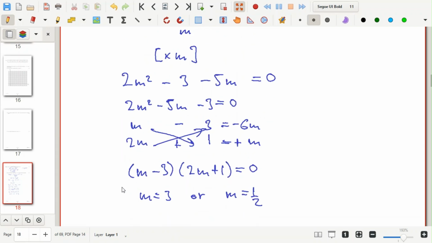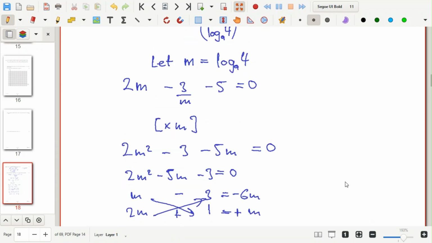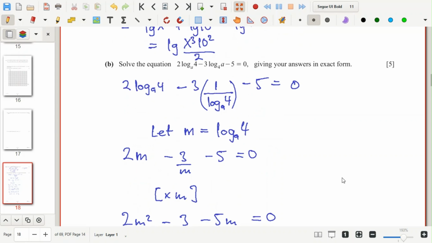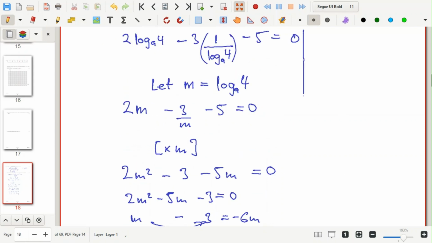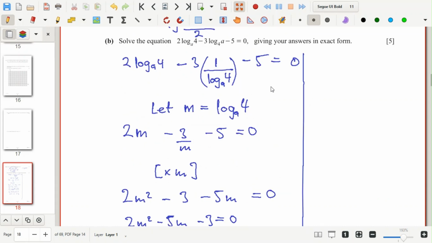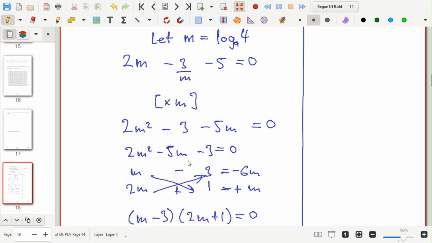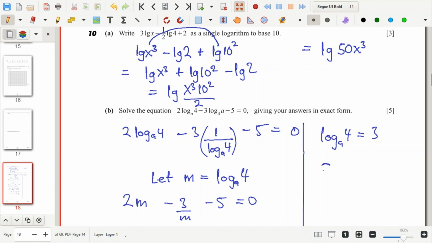But we are not done. We are not done here. Don't forget, you said here that log 4 to the base a is equal to m. Right now, when your m is 3, let's see what you get.